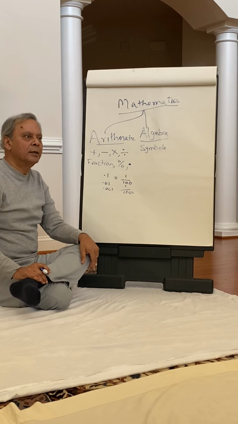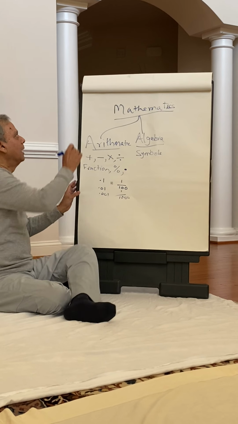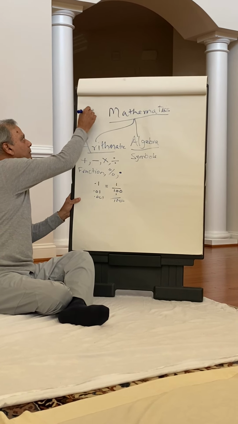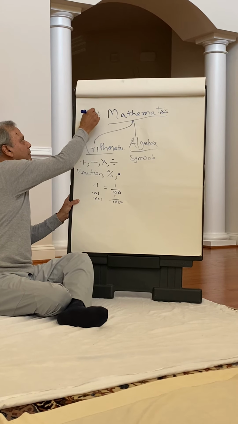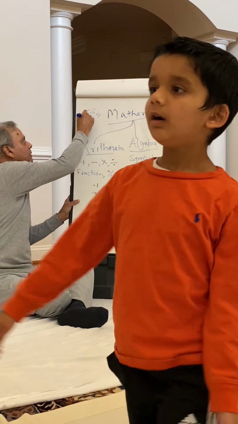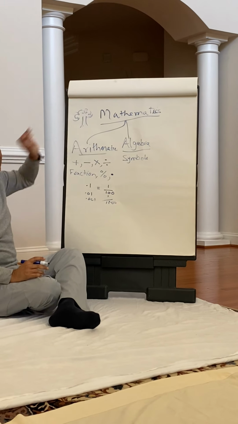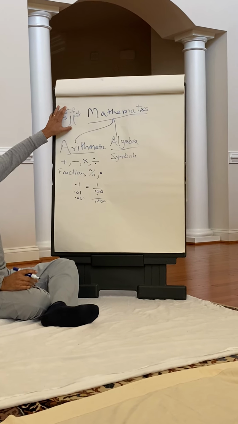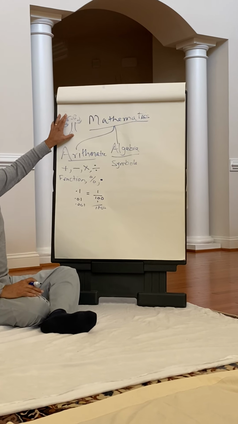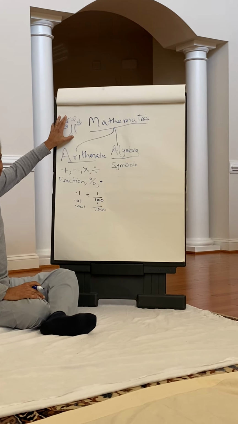Okay? So for example, I draw a picture like this. Right? What is the picture of this? Tree. But this is not a tree. It's a symbol of a tree.